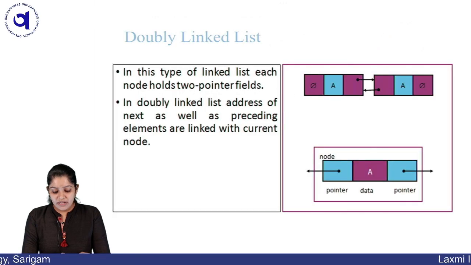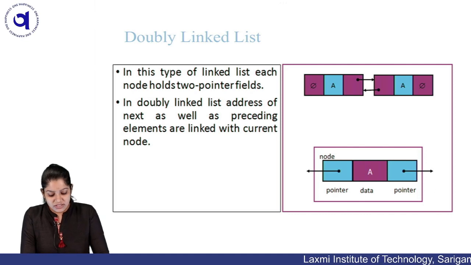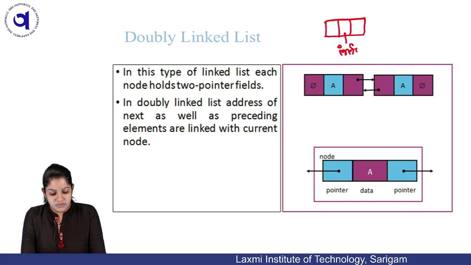Then the next variant we have is the doubly linked list. As we have seen, in a singly linked list we can move only in the forward direction, so we only have the address of the successor node. Here we'll have a successor as well as a predecessor node. As you can see, the node is divided into three parts. The middle part is the info part, where you store the data.